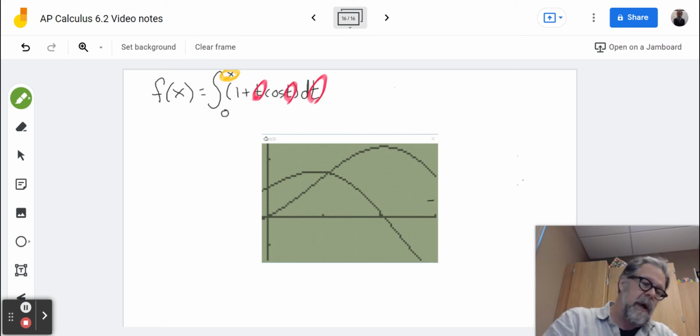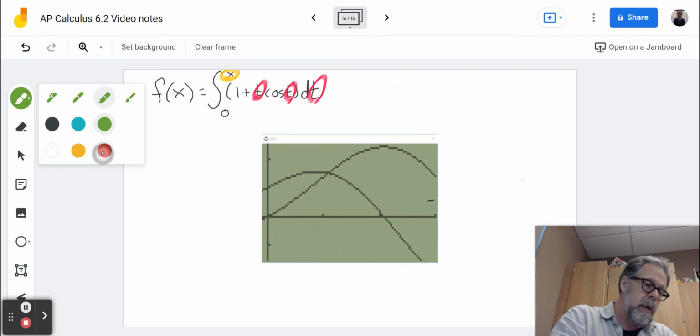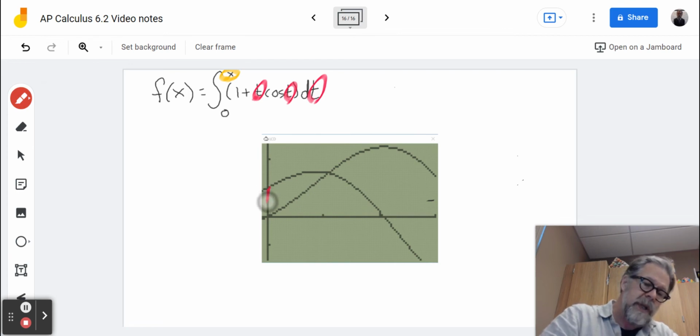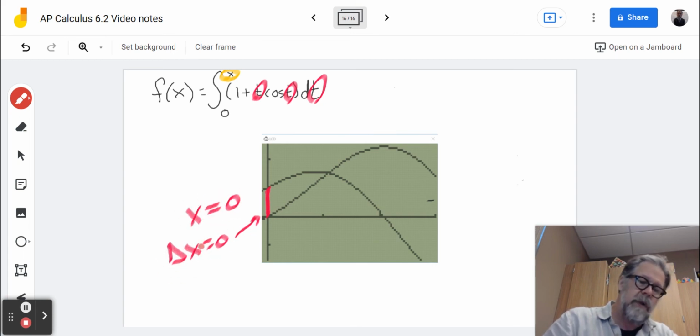So let's think about this. If the area under the curve, if I go at x equals 0, that's this rectangle here. And the width of that rectangle is 0, which means that the area under the curve from 0 to 0 must be 0. We'll talk about that more later.